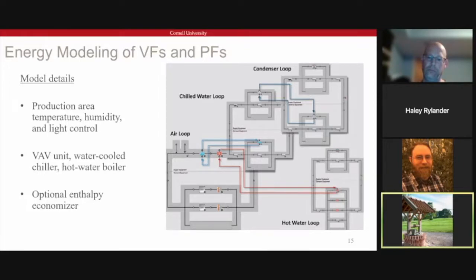Here shown is a VAV unit, a variable air volume unit, with a water-cooled chiller and a hot water boiler to condition the air before it's supplied to the growing space. Optionally, you can include an air side economizer that uses outdoor air to cool the space when it's advantageous.